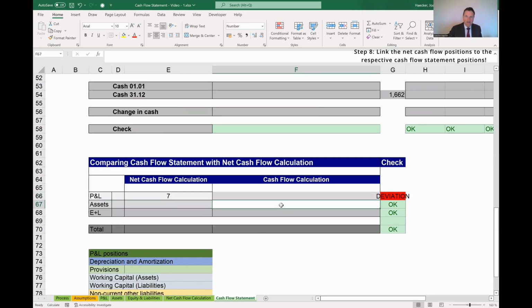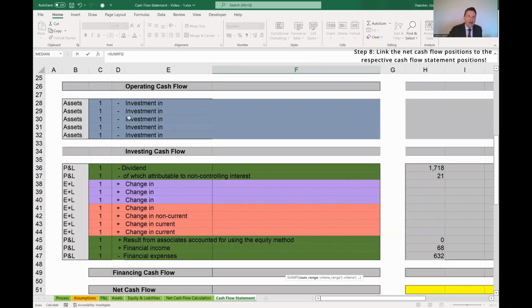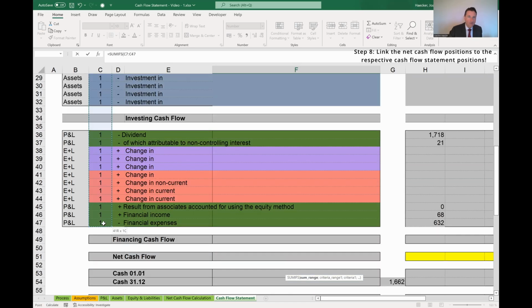I can do that with the following formula: SUMIF, and then I connect it to a cell, open the brackets, and then I'll take all the values in C to 47, because I just marked here 1 if that is a respective position.